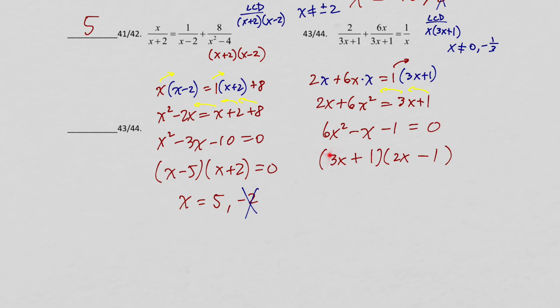That's because now I have negative 3 on the outside and positive 2 on the inside. Negative 3 plus 2 is equal to negative 1. So this tells us that x is equal to negative 1/3 and positive 1/2. But the restricted domain values, x is not allowed to be negative 1/3. So this has to be thrown out. So x is only equal to this 1/2.